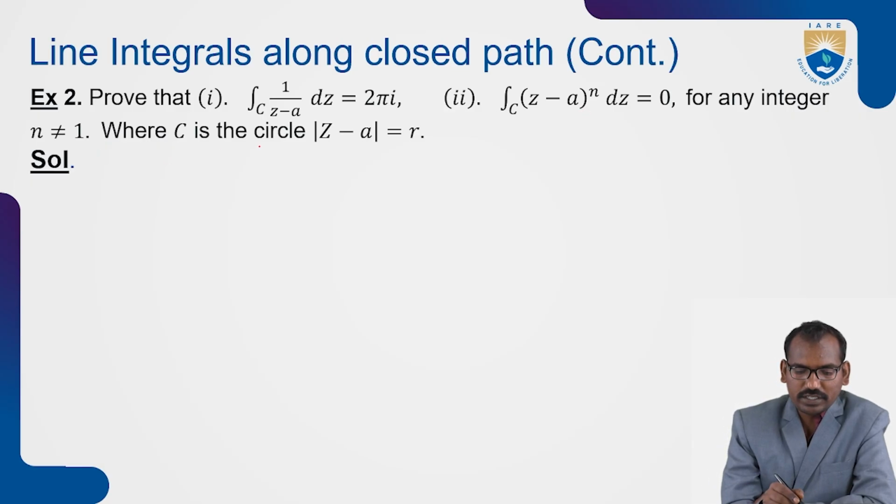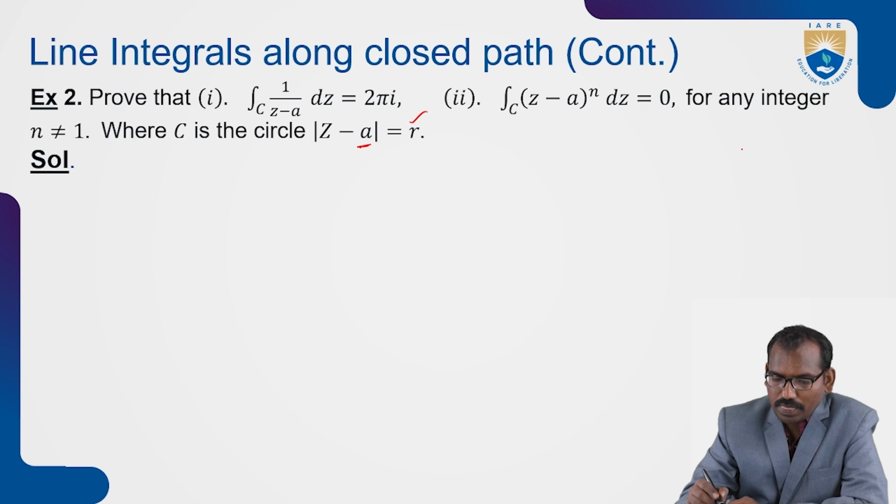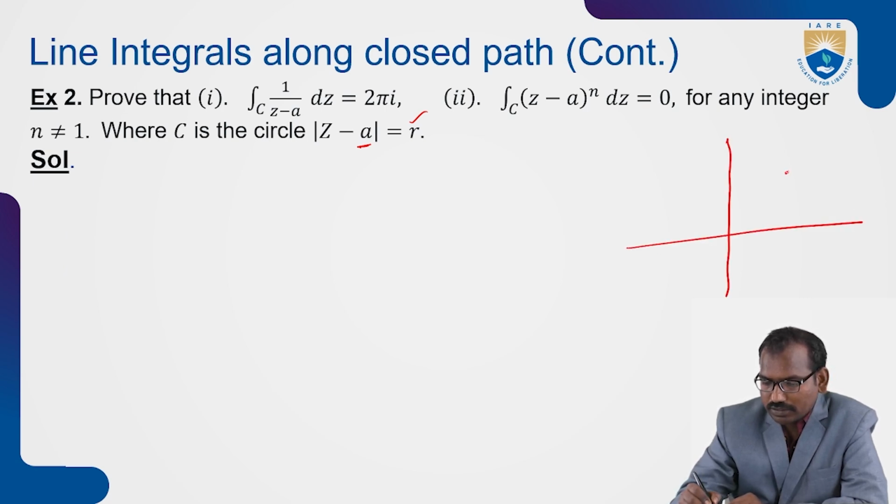Here, the curve C is given as a circle. What is the center of the circle? Center of the circle is A. In the complex plane, it represents a circle whose radius is R and center is at A. So if you take the complex plane, and suppose z is equal to A. In the complex plane, the horizontal axis is the real part, and the imaginary axis is also real, that is y.